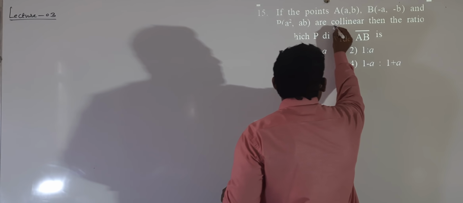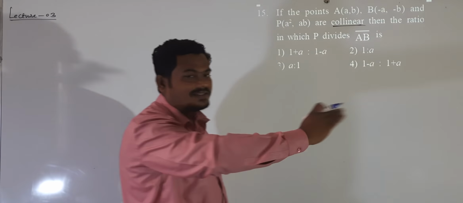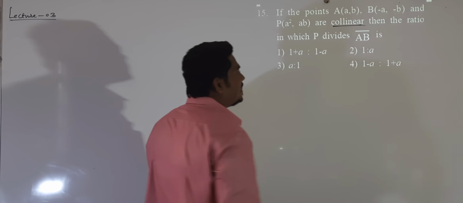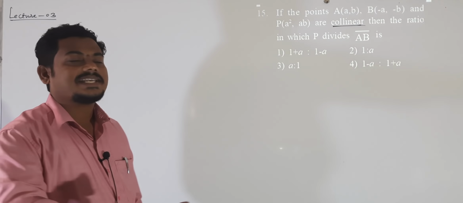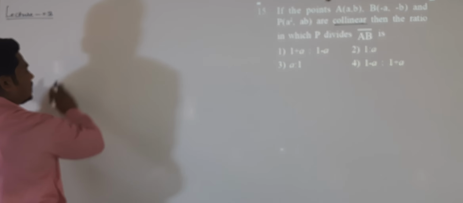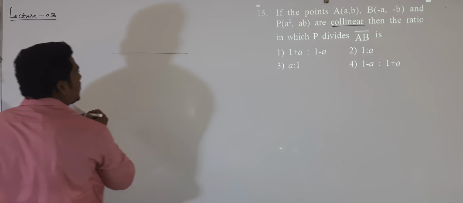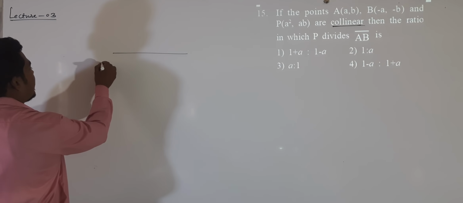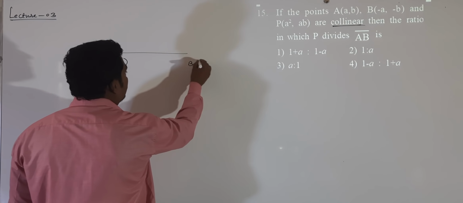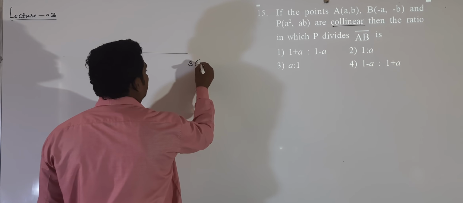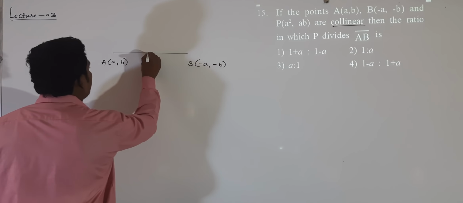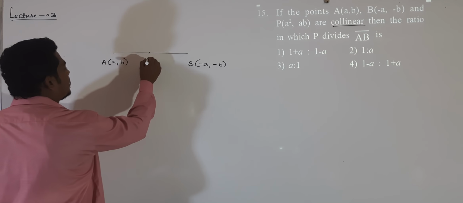Collinearity condition is what they have given. Collinear means lie on the same line, and which divides AB. In what ratio point P divides AB? Just consider given 2 points A of small a comma B, B of minus a comma minus B, and one of the point P divides AB.